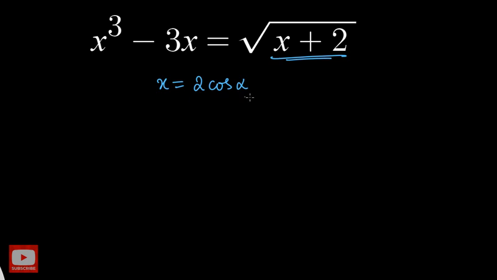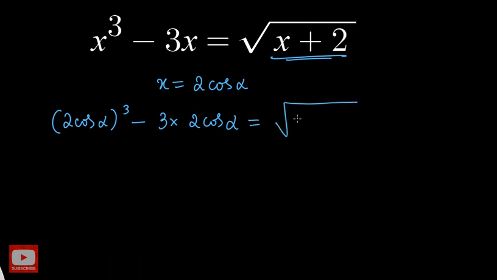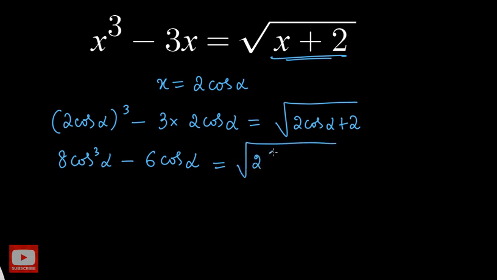Let us substitute x as 2 cos alpha in this equation. So x cube will become (2 cos alpha) the whole cube minus 3 times 2 cos alpha equal to the square root of 2 cos alpha plus 2. Now 2 cube is 8 and cos alpha cube is cos cube alpha, minus 6 times cos alpha, that is equal to square root of, I would like to take 2 common factor.